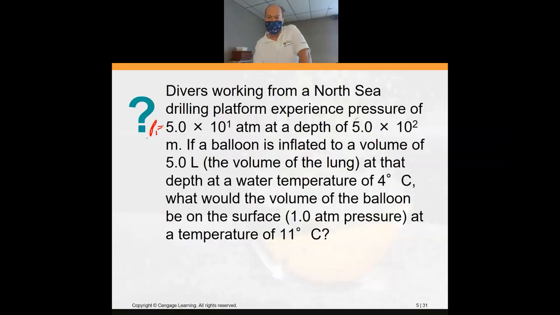If a balloon is inflated to a volume of 5 liters at that depth of water, at a water temperature of 4 degrees Celsius, what would the volume 2 of the balloon be on the surface? The surface has a pressure 2 of 1 atmosphere at a temperature 2 of 11.